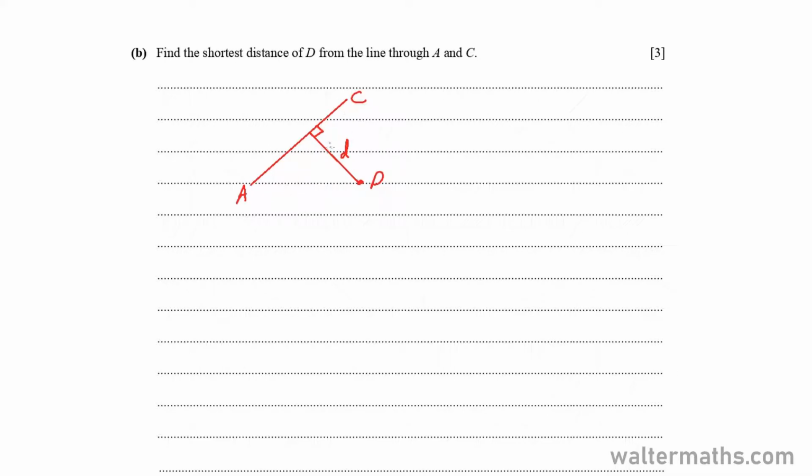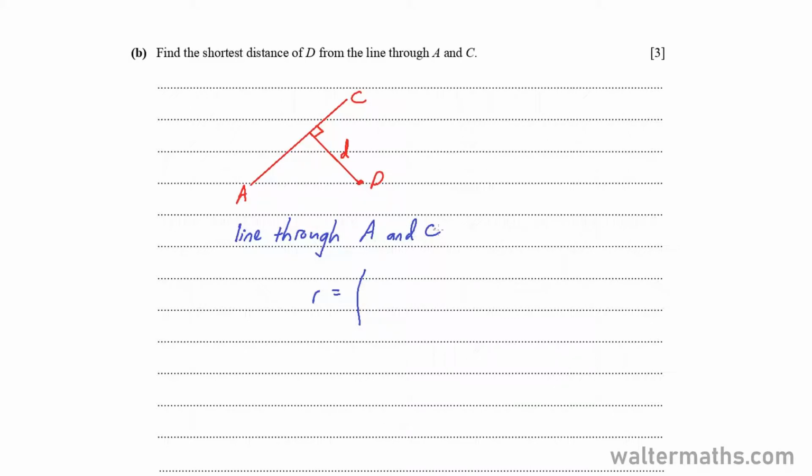So in order for us to find this distance, I will start by finding the vector equation AC. So we're saying the line through A and C is the line r is equal to, and we take the position vector of any point on the line.